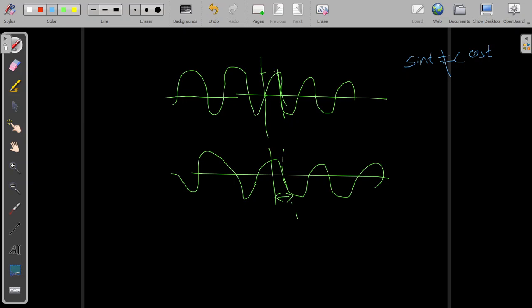Likewise cos t is not equal to some arbitrary value times sin t. That is not possible. But sin(pi/2 minus t) is equal to cos t, that we know, but this is not linear.